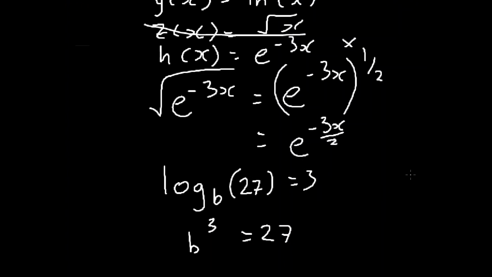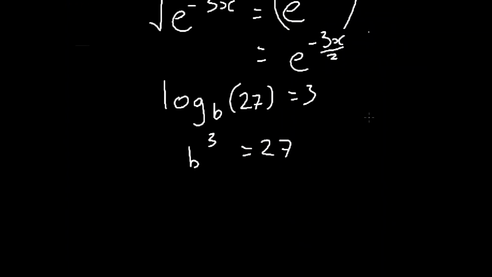So in this example, we have log base e, which is the whole ln thing, of e to the minus 3x on 2.